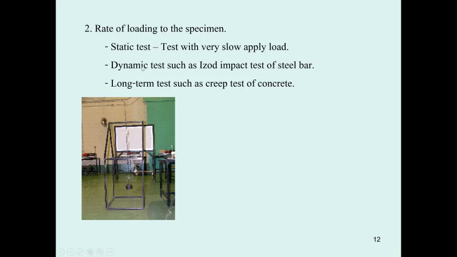However, for some engineering fields such as aerospace engineering and automotive engineering, they also do dynamic tests because the material used in cars and in aerospace vehicles is going to be subjected to maybe the hit from a bird, and the load is going to be dynamic.